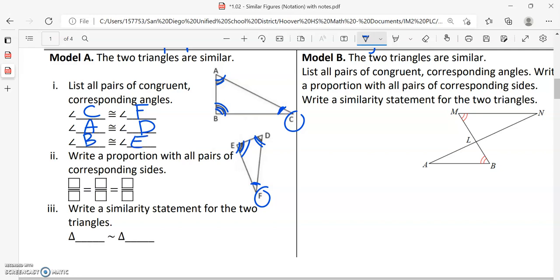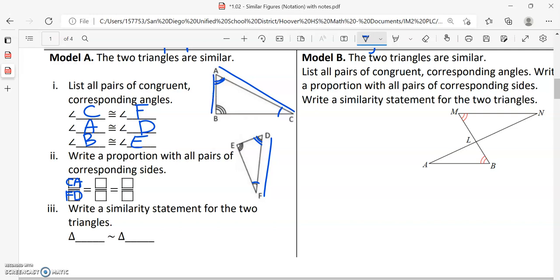Write a proportion with all pairs of corresponding sides. So let me erase some of this stuff. Okay, so corresponding side, you make sure that you go from the same angle to the same angle. So I'm going to go from 1 to 2, which would be C to A, and 1 to 2 would be F to D. So C, A over F, D. Those are going to be numbers on these assignments eventually, and we'll just count up.